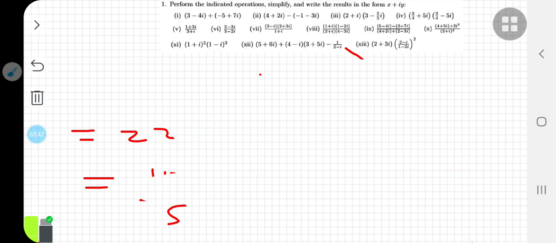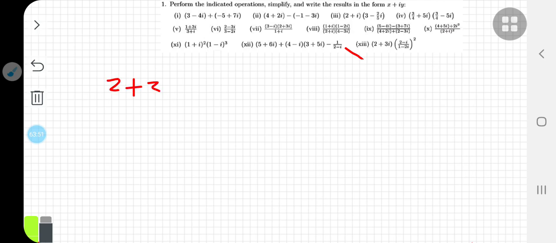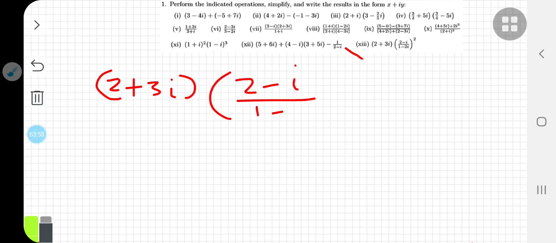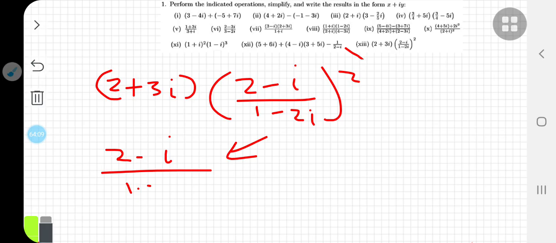So now let's look at the last part. The last part is 2 plus 3i multiplied with 2 minus i over 1 minus 2i, squared. I will start by working with what is inside there, which is 2 minus i over 1 minus 2i.